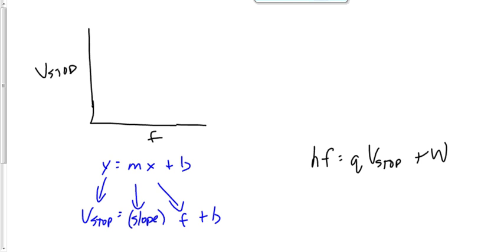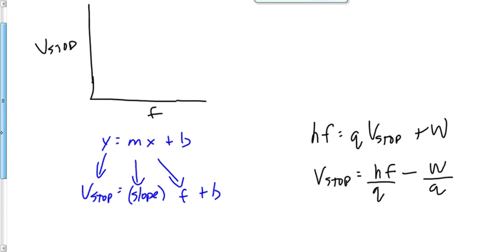Rearrange it to solve for V stop. It's equal to hf over q plus W over q. So subtract W over q, take the W over by subtracting, and then divide everything by q. So what do we get here? Cross off V stop, cross off f.